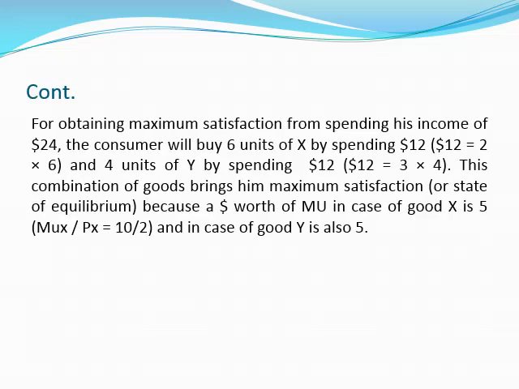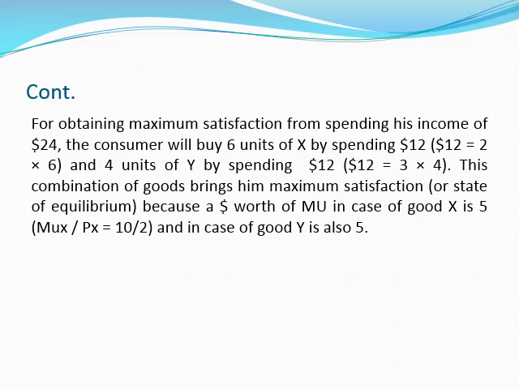This is the income of the consumer given in the example. For obtaining maximum satisfaction from spending his income of $24, the consumer will buy 6 units of X by spending $12, which is 2 times 6, and 4 units of Y by spending also $12, which is 3 times 4.